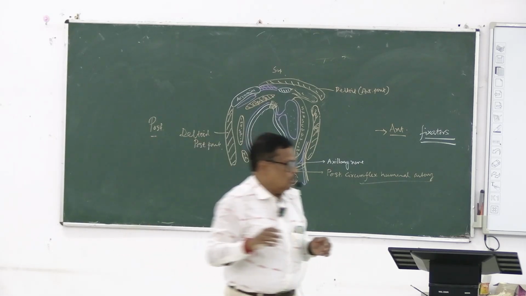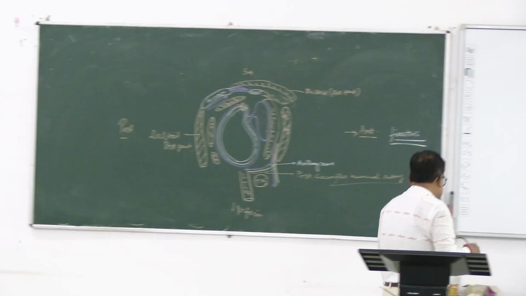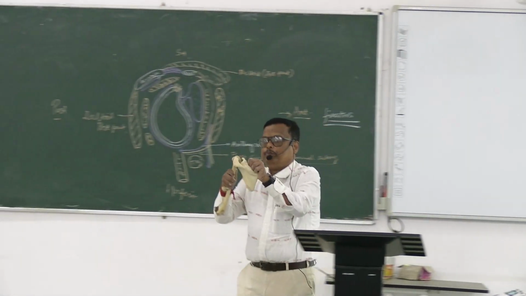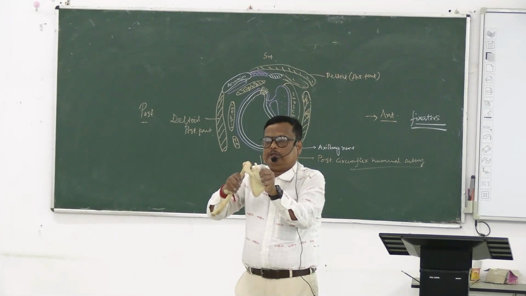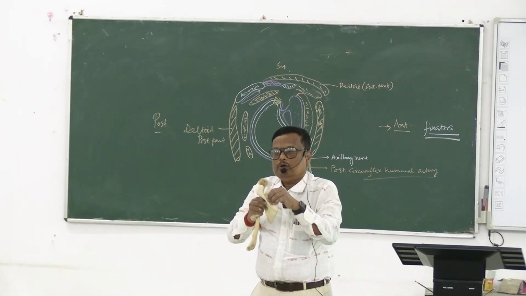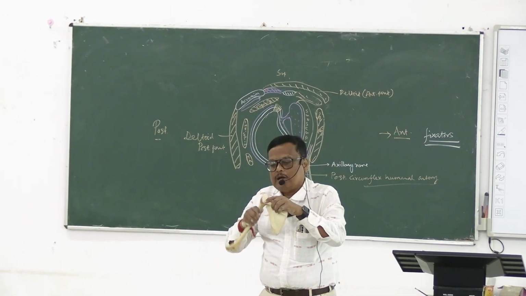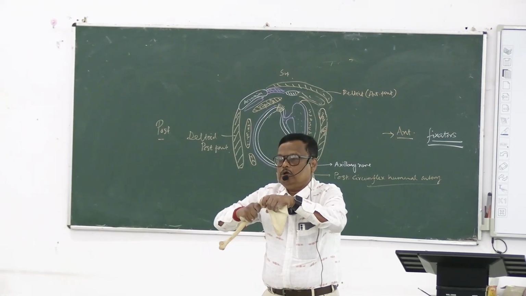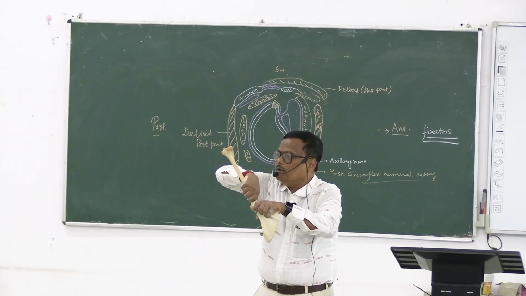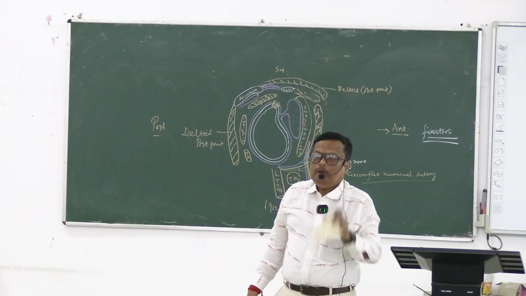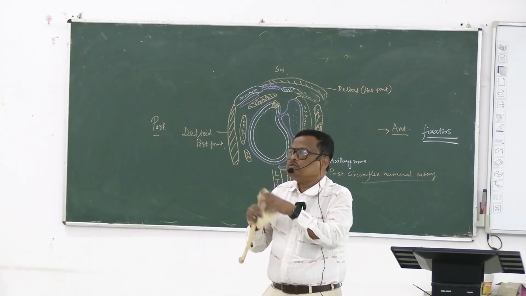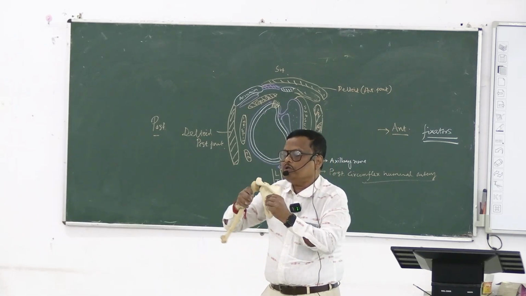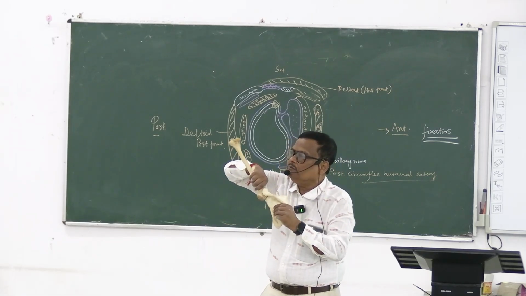Understood? Suppose this movement is happening, and if the scapula keeps moving, can you do it well? No. So some muscles keep the scapula in position so that it can act very smoothly. Rhomboideus major, you will learn later, fixes the scapula to the vertebral column so that the scapula remains fixed and can act very smoothly.